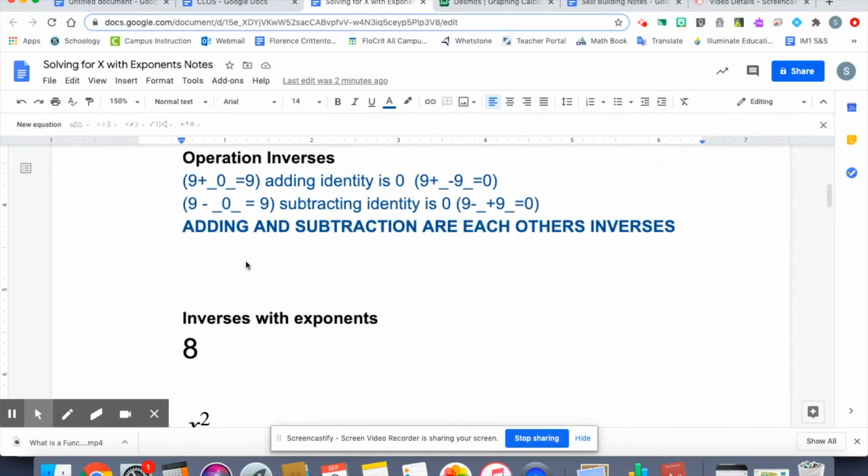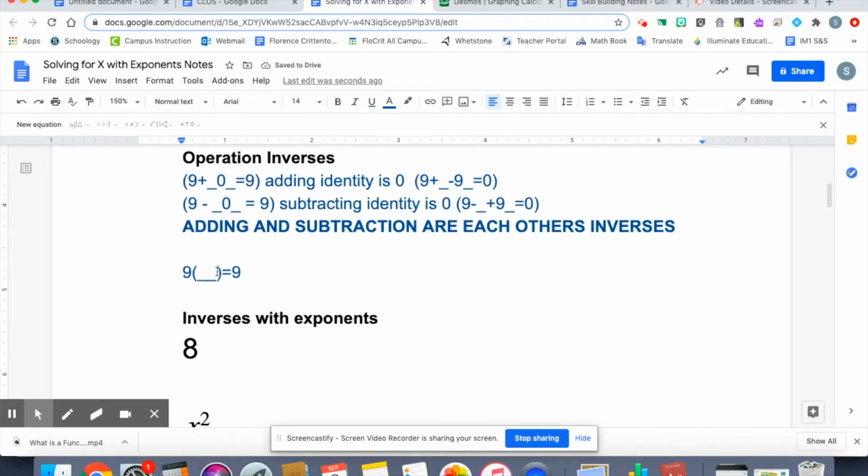Let's do it with multiplying now. So we always have to find the identity first. So if I take 9, and if I want to multiply 9, so remember multiply in high school math, we use a parentheses. What do I need to multiply to 9 so that it stays 9?